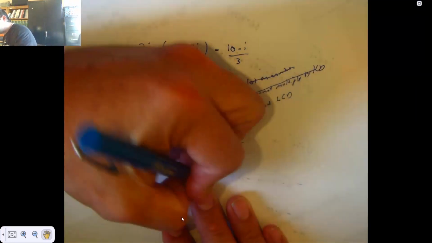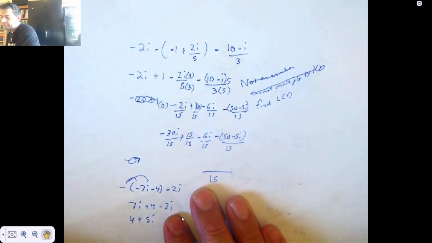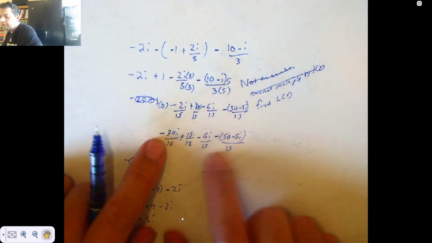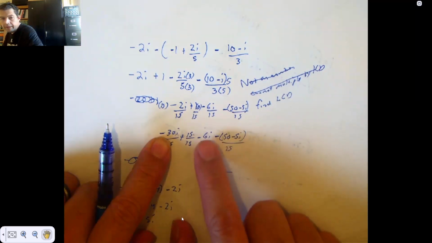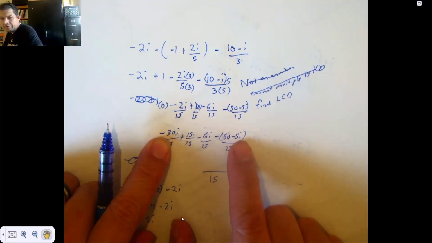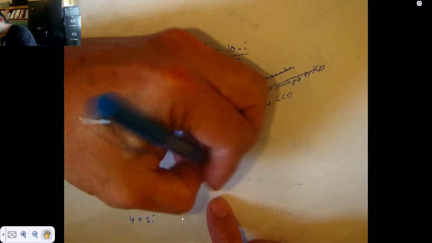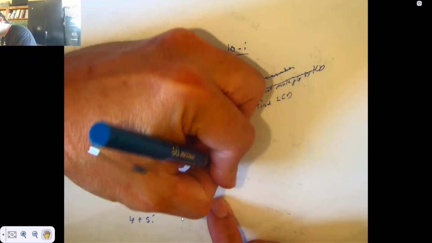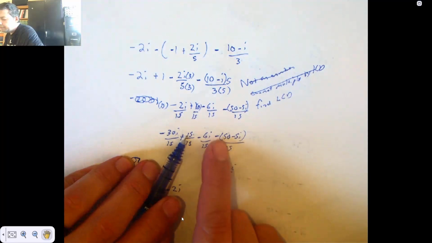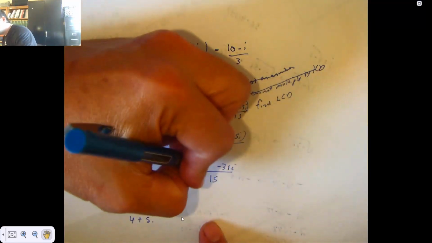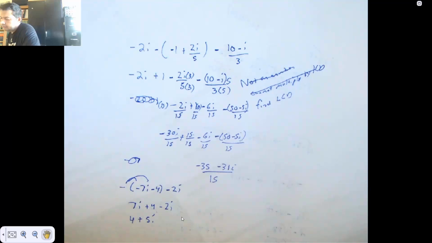Now, everything is going to be sitting pretty over 15. And I'm going to go through and combine like terms. That's negative 36i, and I am going to take away a negative 5i. So negative 36, take away a negative 5i is negative 31i. If I focus on my numbers, I have 15 minus 50, which is negative 35. And obviously I should go back and check and make sure I'm doing everything right.